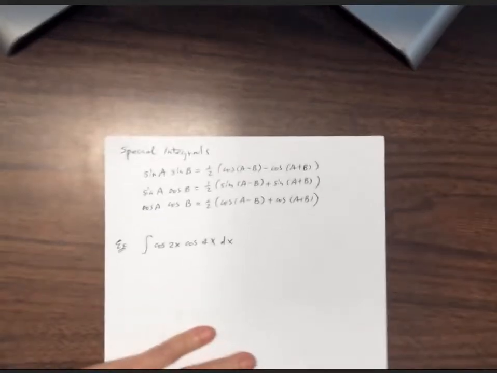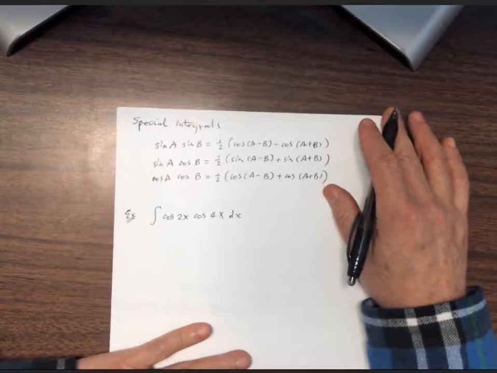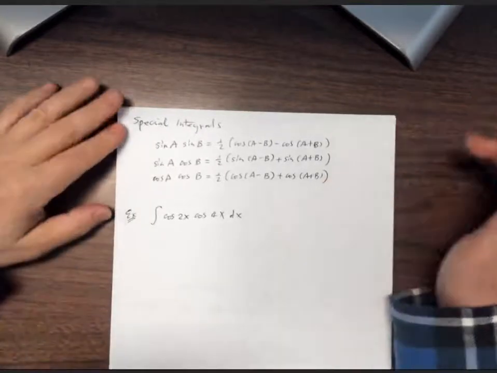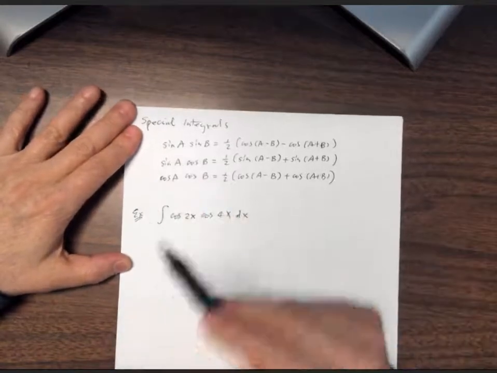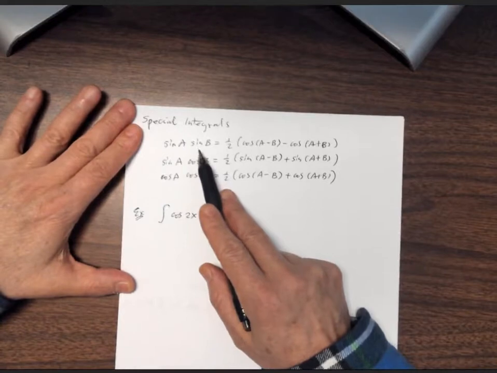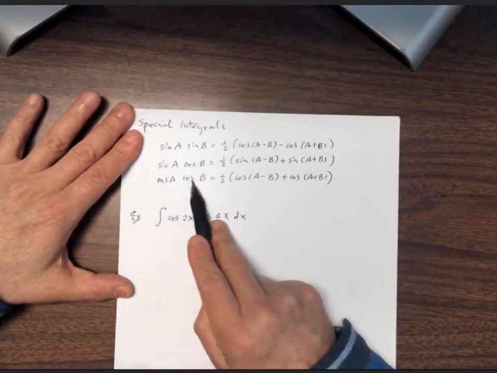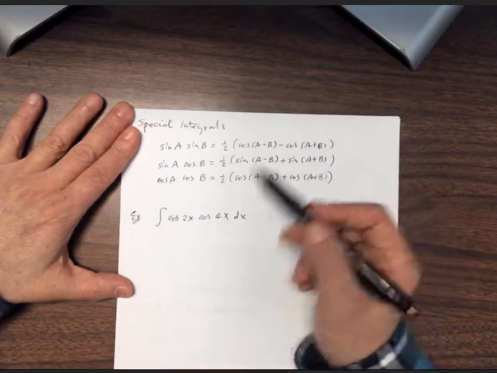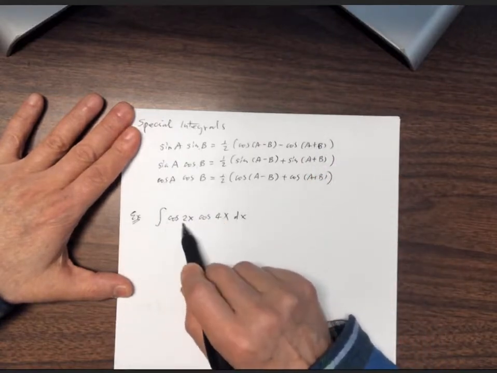Alright, finally, there's some special trig integrals that we want to talk about. They're very special. Those integrals, we need a trig identity. Sine times sine, sine times cosine, cosine times cosine. So we're really talking about integration of a product of two trig functions.